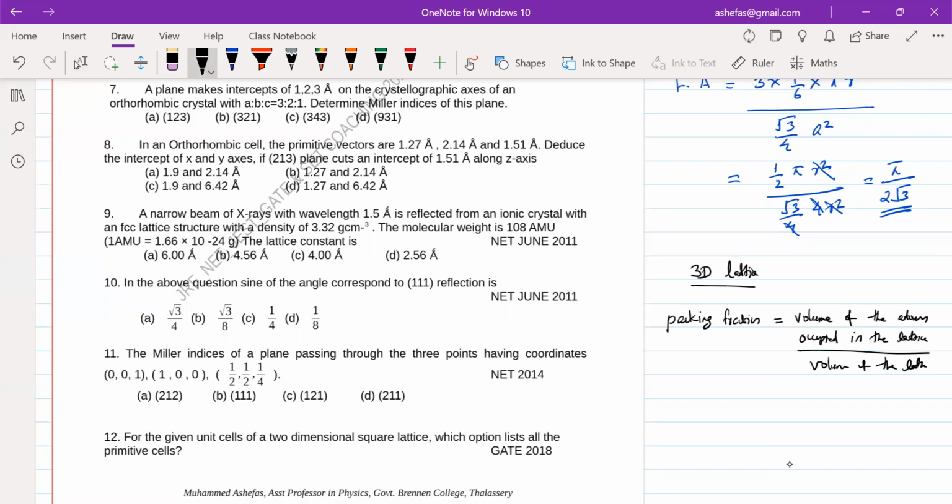For example, if you have a simple cubic system, the atoms are present only at the corners.